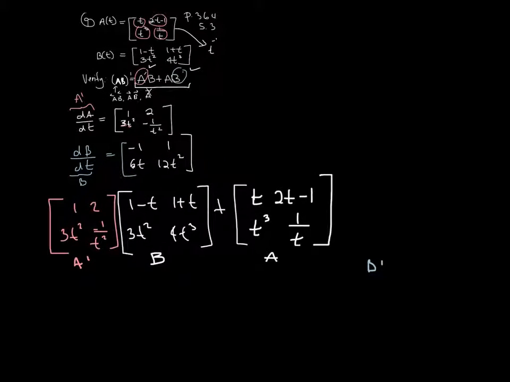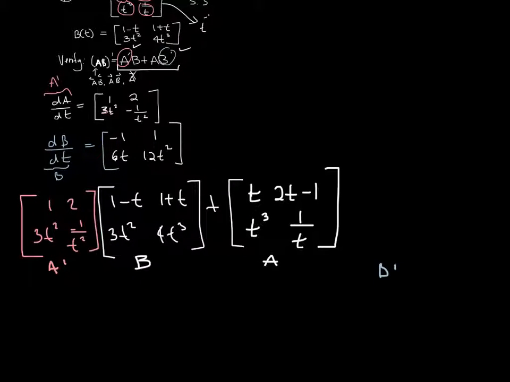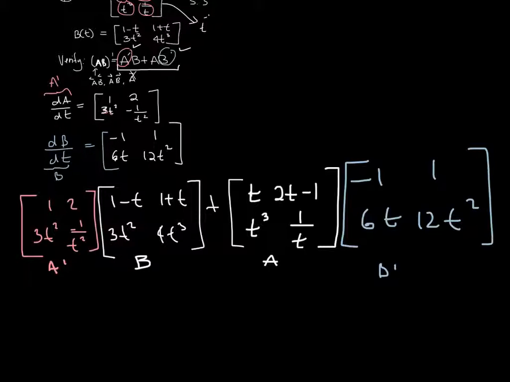You're taking the derivative of a matrix with respect to t, the variable in the entry functions. My B prime is simply negative 1, 6t, 1, 12t squared. And that's a B right there.